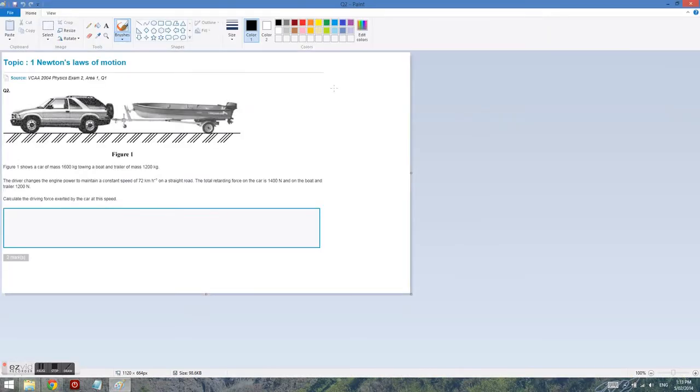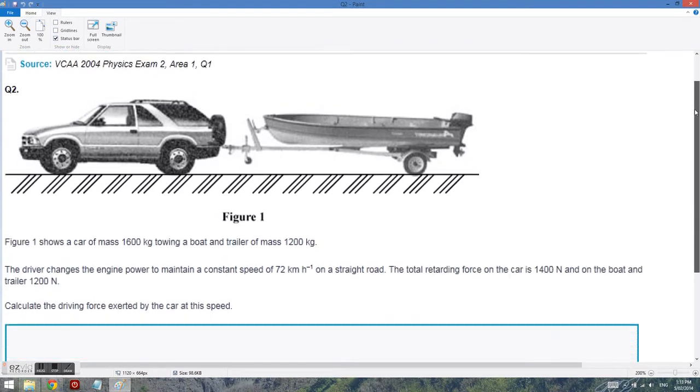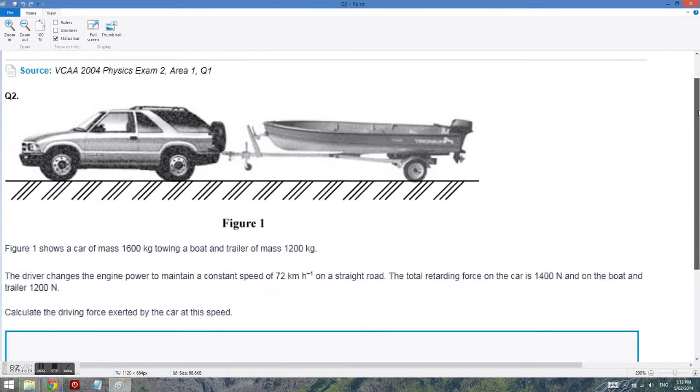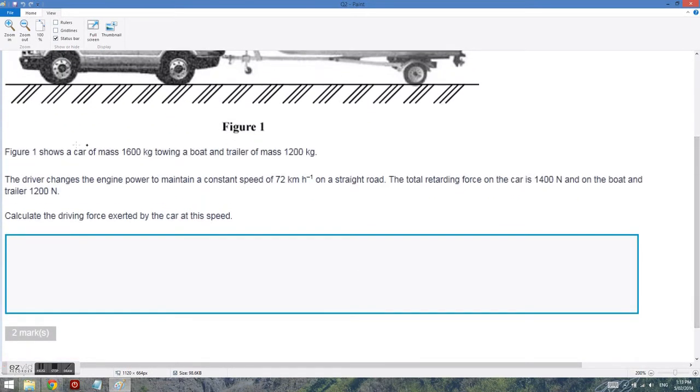This question is also about Newton's first law. Just let's read down the question. So we have a car and a trailer. A car of mass 1,600 kilograms. So let's write it down.